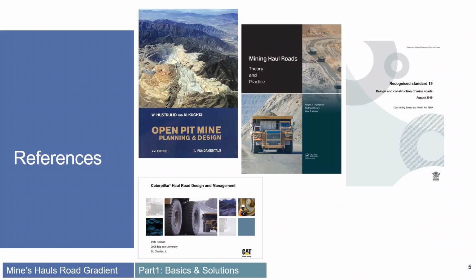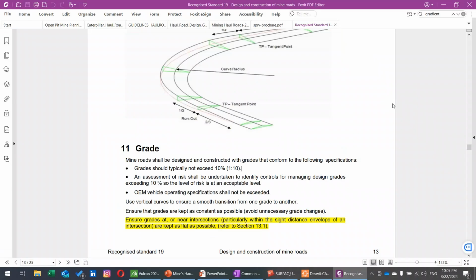The next is a regulation act by Australia's Queensland government for designing and construction of mine roads. Here again, some useful tips are provided as a general rule of thumb, but I want to again draw your attention to this special phrase that is addressing how to consider the grades of ramps and roads at or near intersections, and it suggests that we must keep it as flat as possible.